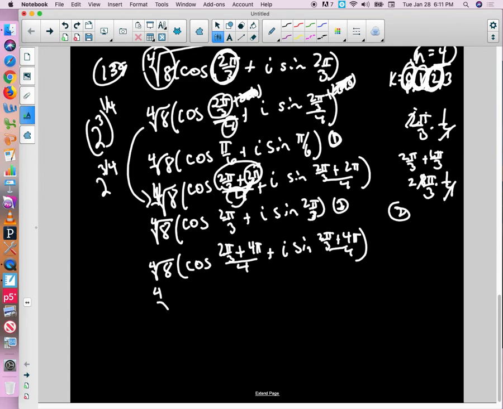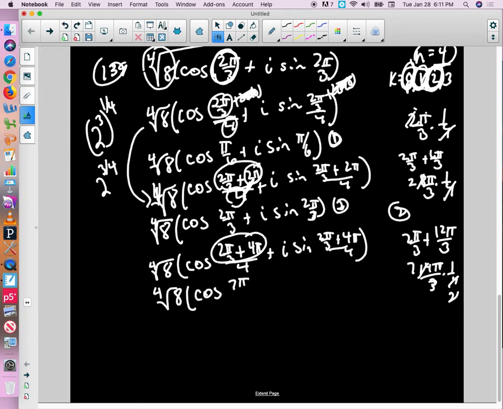So I have the fourth root of 8 times, if you have 2 pi over 3 plus 12 pi over 3 for 4 pi, you get 14 pi over 3, which isn't reduced. You multiply it by 1/4, and this is 2, and this is 7. So you get 7 pi over 6. Cosine of 7 pi over 6 plus i sine of 7 pi over 6. That's my third one. And I need one more.